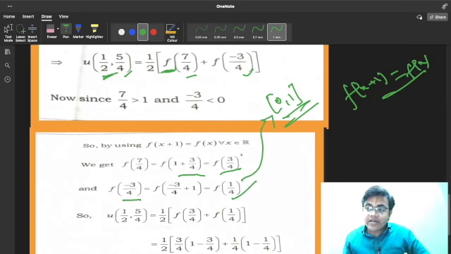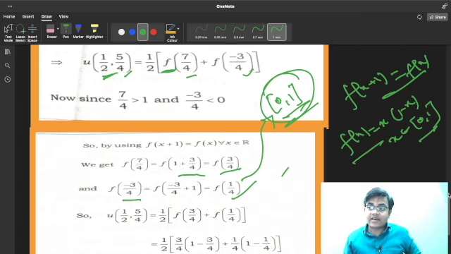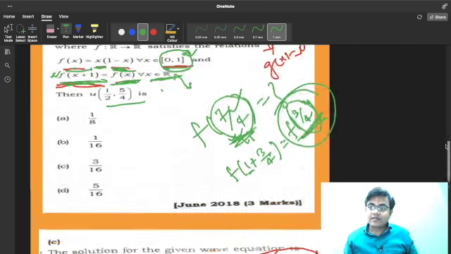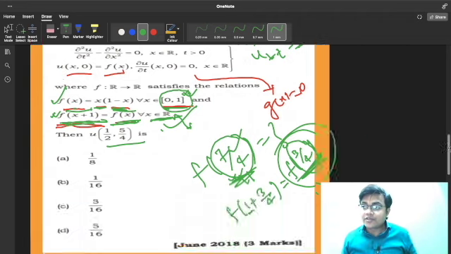And if your x lies in this interval, then how was f of x defined? f of x is x into 1 minus x if your x lies between 0 and 1. In the question you can see here, it is given f of x is equal to x into 1 minus x for all x between 0 and 1. That was given.